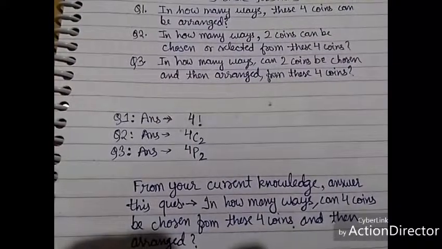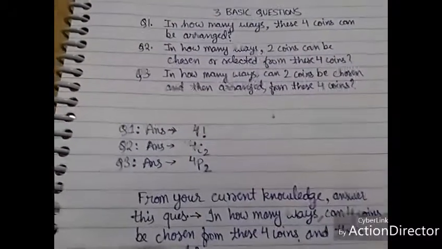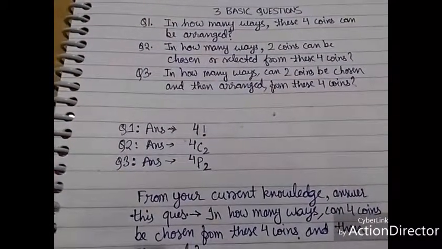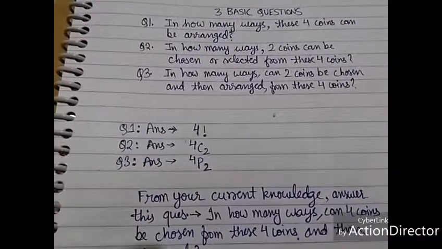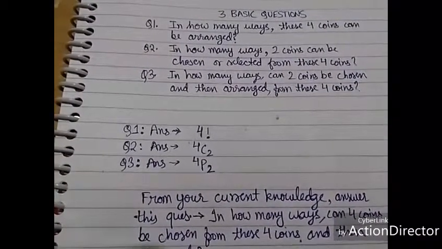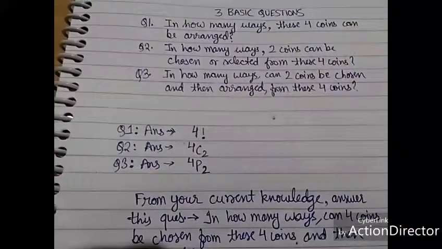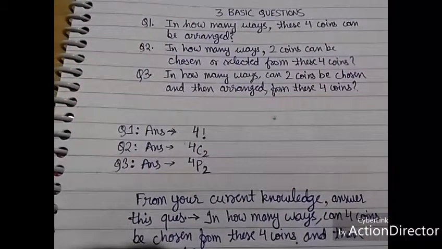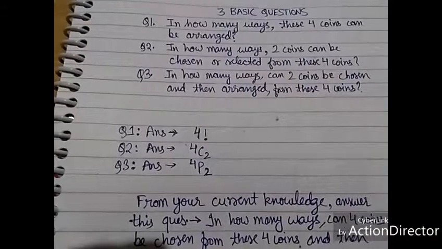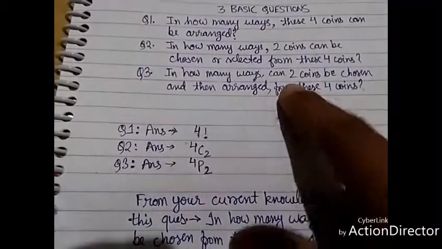You can verify it yourself by putting the values 4 and 4 in the formula of nPr. You will find the answer is 4 factorial. So appreciate this discovery that question 1 and question 3 are related and they become exactly similar when this 2 is replaced with 4.